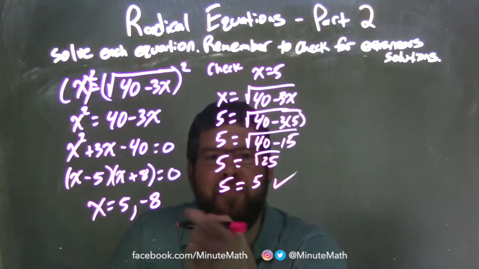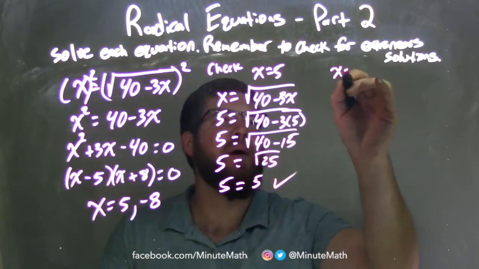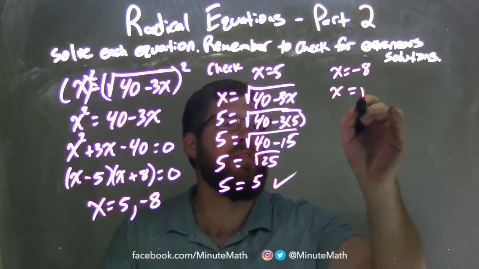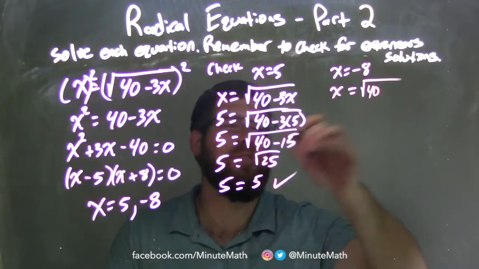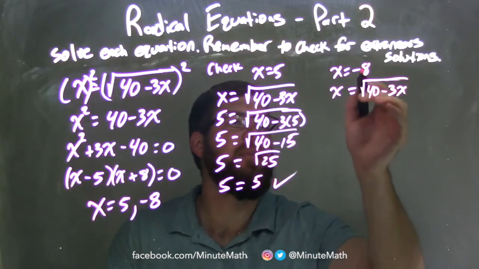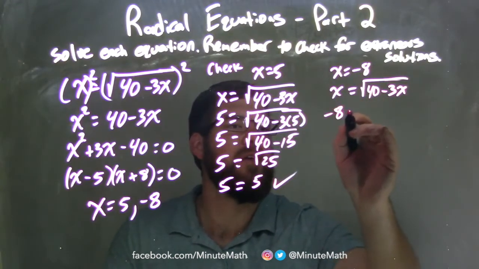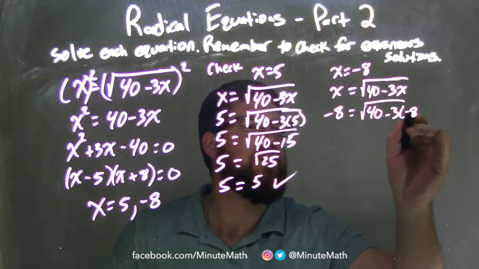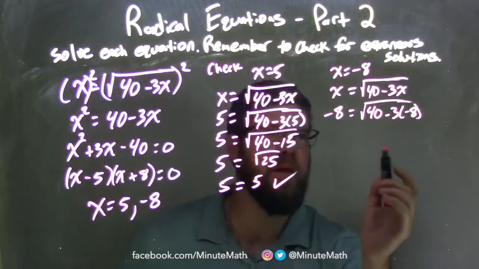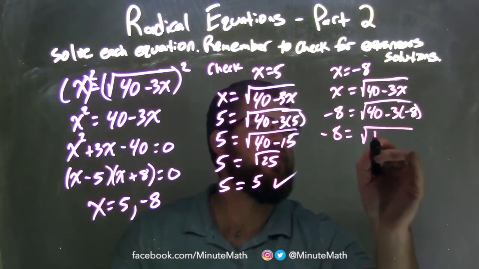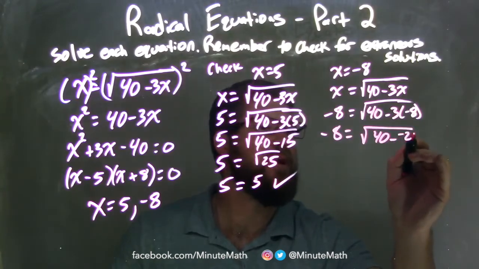Let's try the next one, negative 8. We have two answers here, but we've got to check both of them, folks. We can't leave it alone. x equals square root of 40 minus 3x, and please take your time, rewrite the equation. Let's not skip any steps here. Okay, negative 8 goes in for x. Negative 8 equals square root of 40 minus 3 times negative 8. Okay, 3 times negative 8 is negative 24, so we have 40 minus a negative 24.